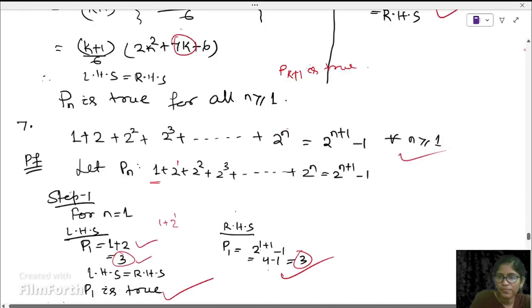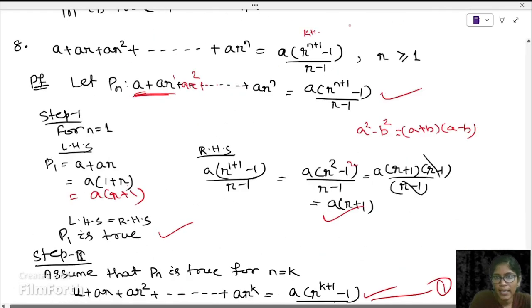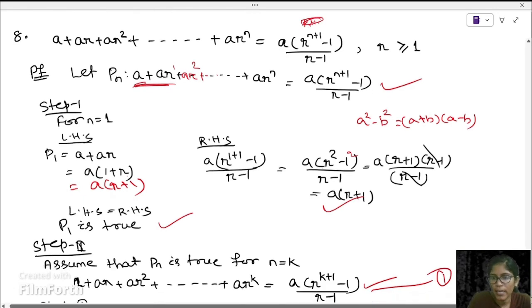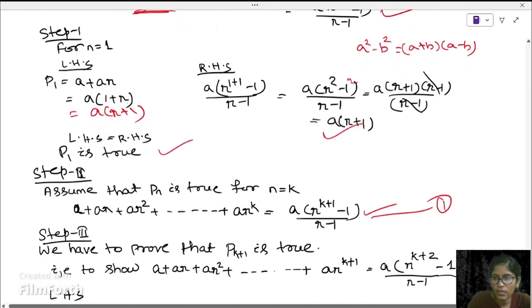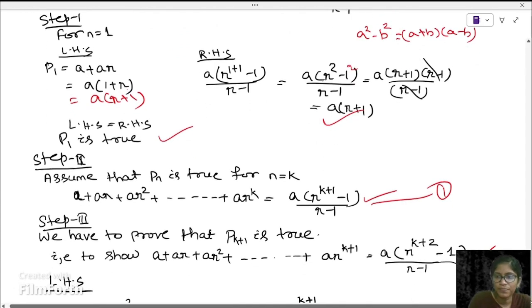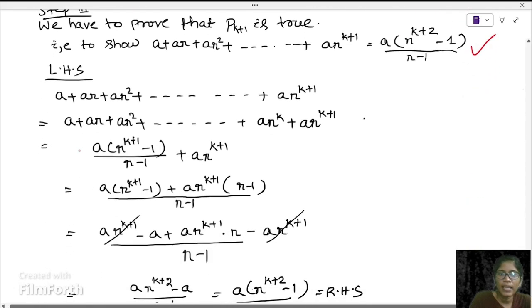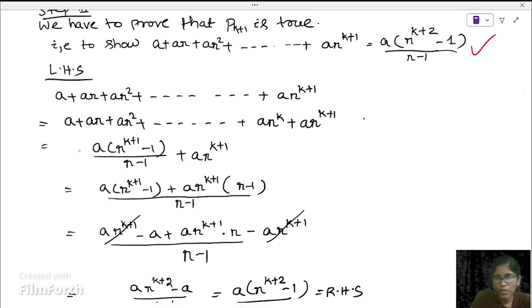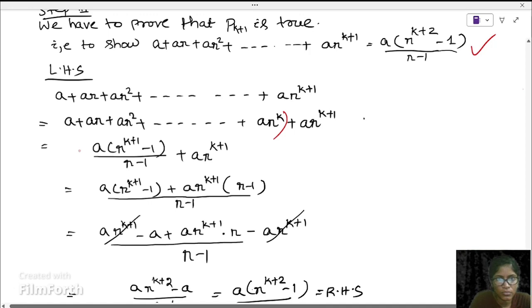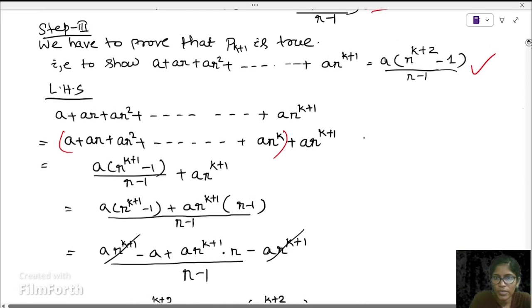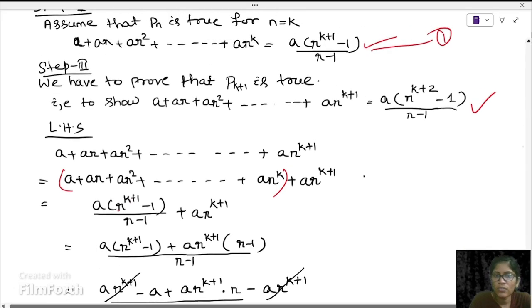That's equal to a into r to the power k plus 1 plus 1, which equal to r to the power k plus 2, okay, a into r to the power k plus 2 minus 1. Now, putting a plus ar square plus up to a r to the power k value, by equation 1, which equal to a into r to the power k plus 1 minus 1 by r minus 1.